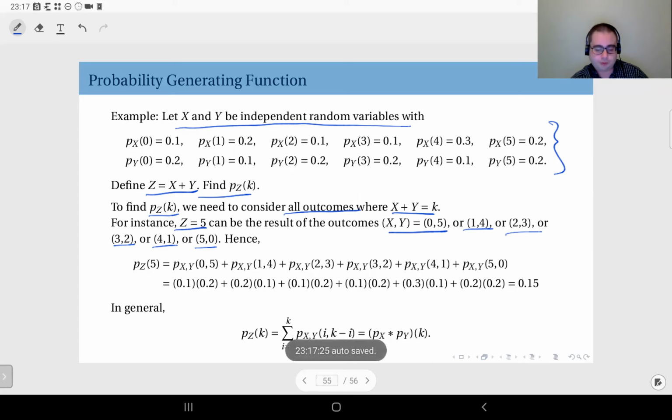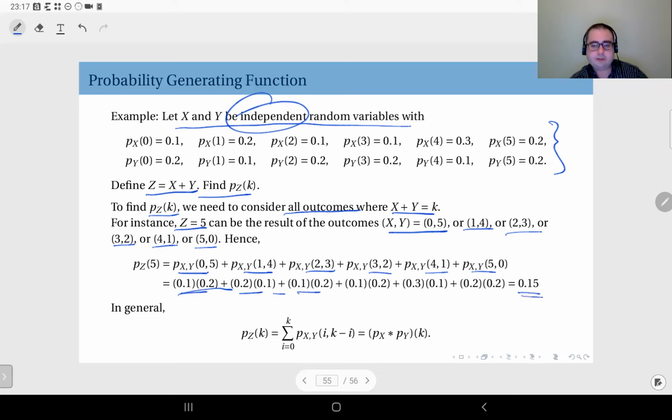You need to compute the probabilities of all these pairs, and since they are independent, I multiply their individual probabilities, and you get the result. Using this, you can compute each component of the PMF of Z.